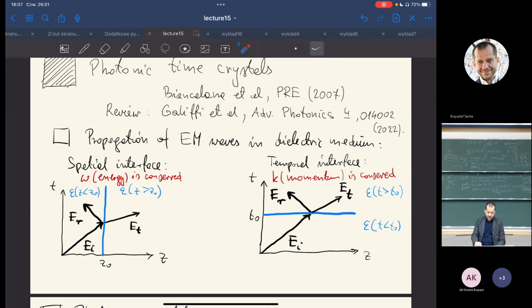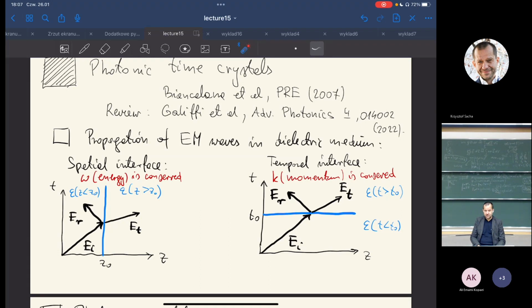And of course, when we switch to the temporal interface, there is a significant reflection when there is also an abrupt change of the system parameters in time. What does abrupt mean? Abrupt means that it is faster, or at least comparable to the period of the electromagnetic waves.